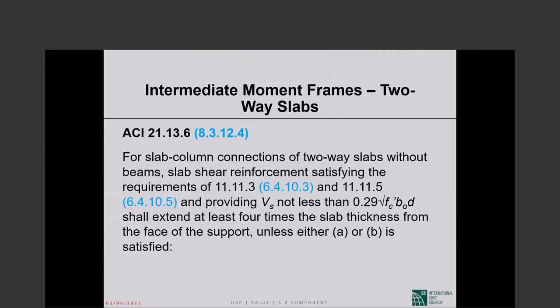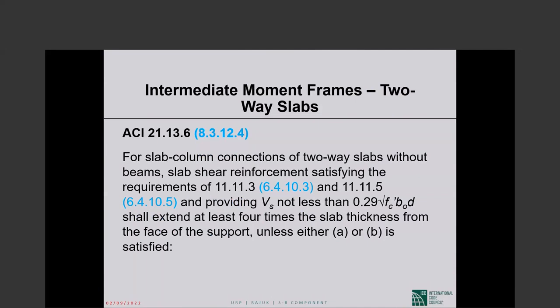Intermediate moment frame section is saying that if you would do what you would do for a gravity frame that is combined with shear walls in a high seismic zone, then you are good. Then you don't have to live with the 40% phi V sub c limitation.